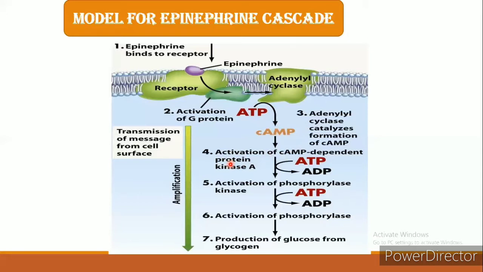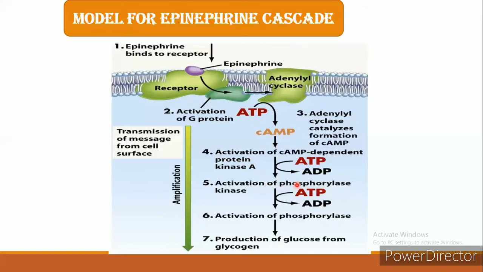I have already said that epinephrine triggers the reaction, and one catalyst activates the next catalyst. This cyclic AMP activates protein kinase A. Again, this protein kinase A activates phosphorylase kinase.